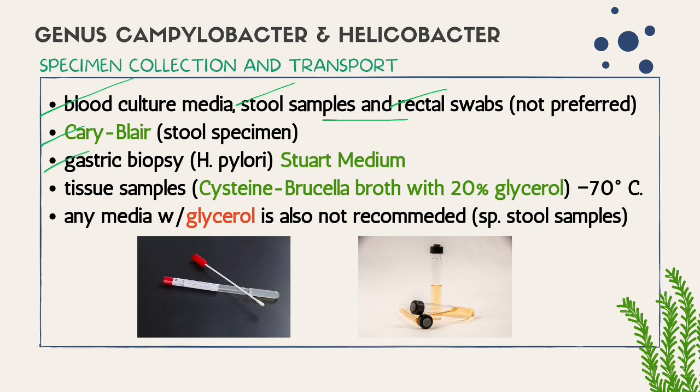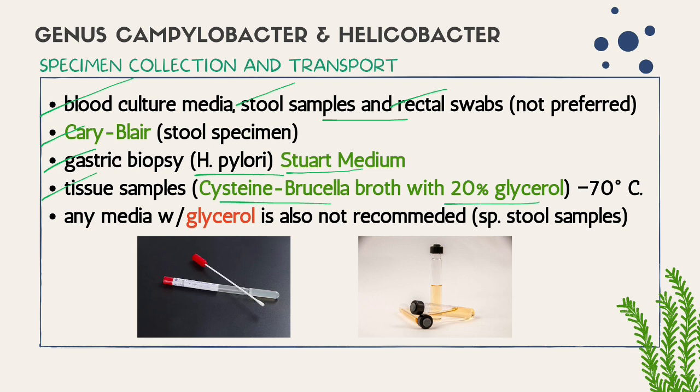So for gastric biopsy naman, specifically for patients with potential H. pylori infection, we can use the Stuart medium instead of the Cary-Blair to increase the viability of H. pylori. For tissue samples, this is specifically only for this type of sample. We can use the cystine brucella broth with 20% glycerol.